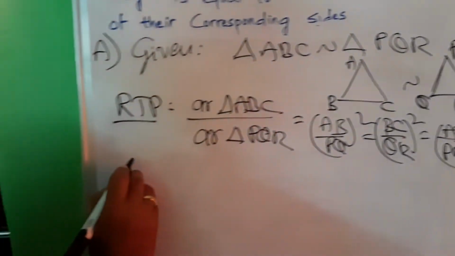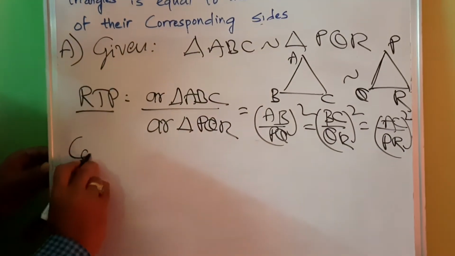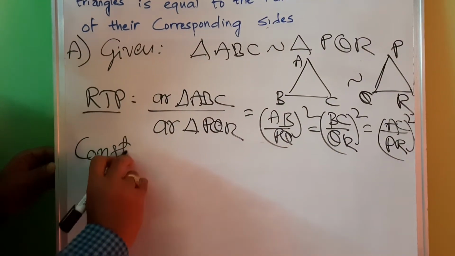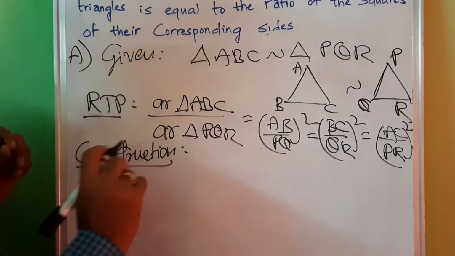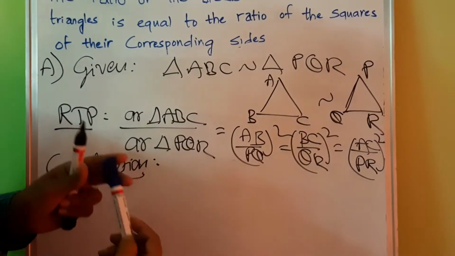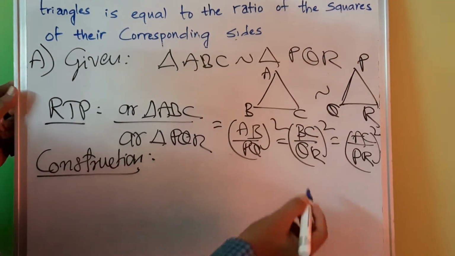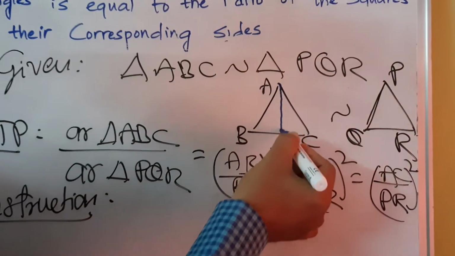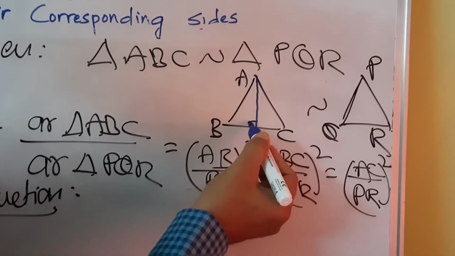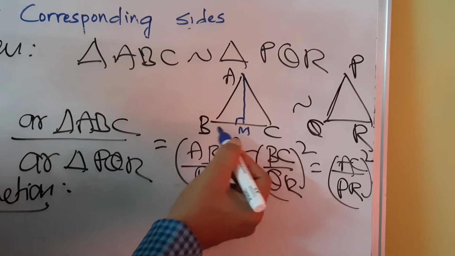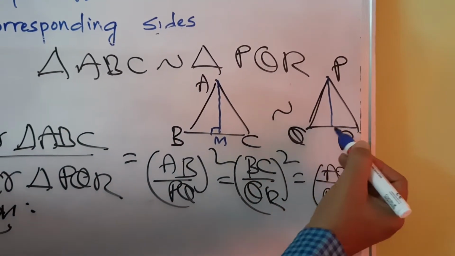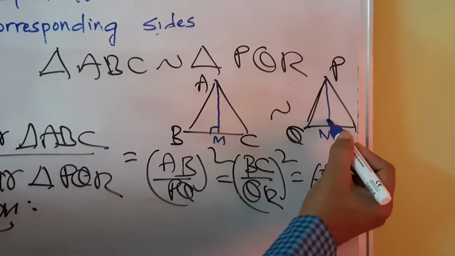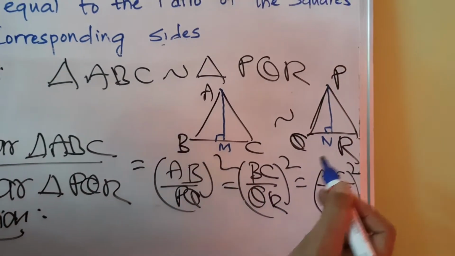Next, construction. We need construction to prove. Draw here, this is the ABC triangle, this is the PQR triangle. Draw AM perpendicular to BC. This is AM perpendicular to BC. Similarly, draw PN perpendicular to QR.